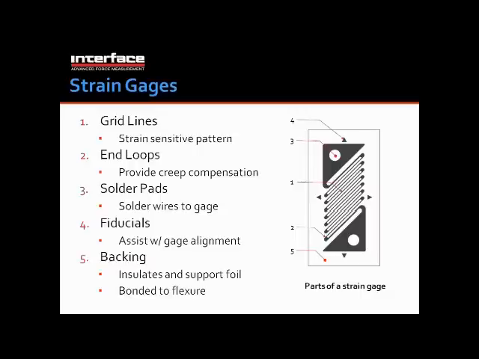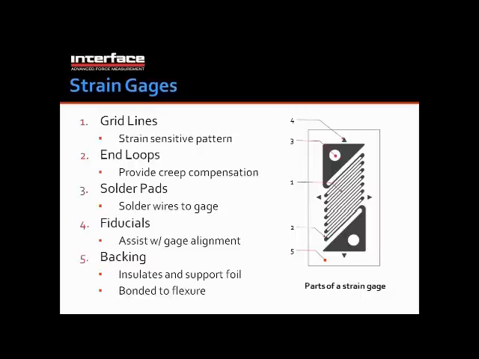Number three is the solder pads. The solder pads is a point on a strain gauge where connections across the strain gauge are made. Number four is pointing to one of the fiducials. There are several fiducials around the strain gauge, and these help with gauge alignment on a flexure during the gauging process.